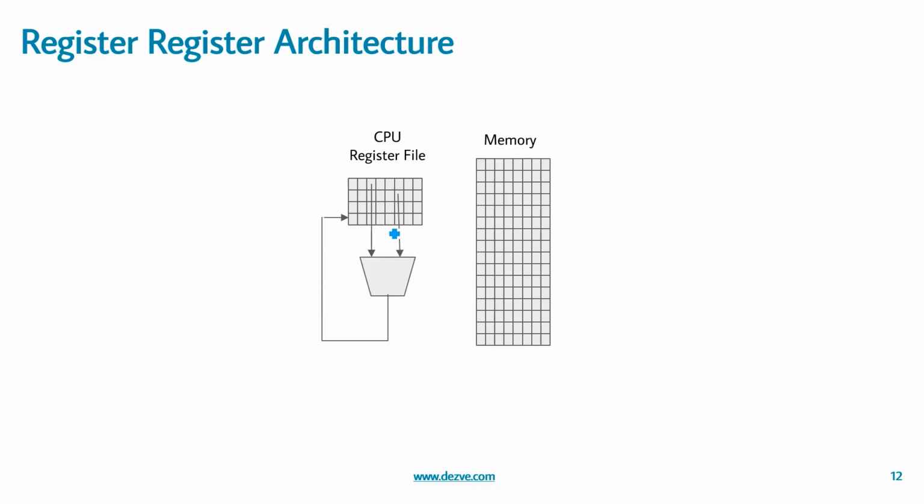So now if you see, suppose you have to add X plus Y. So if this is X, this is Y, and this was Z, then even before we perform the add, we have to bring X and Y into the register.